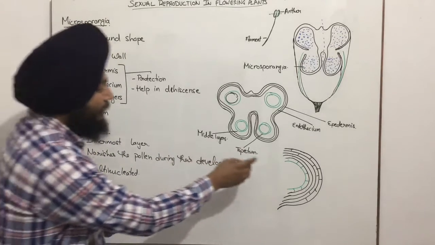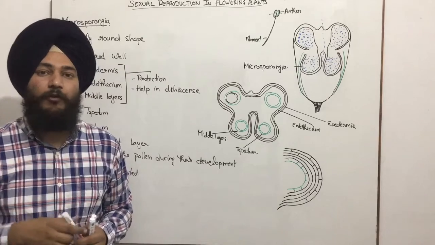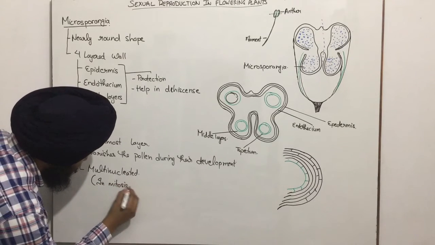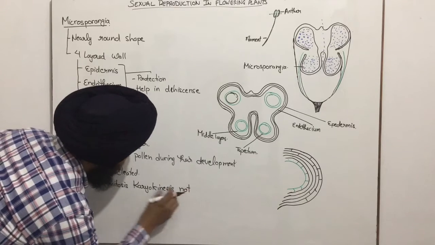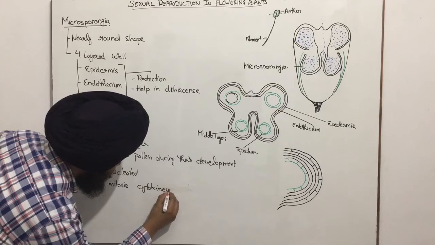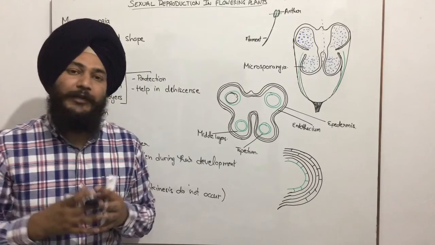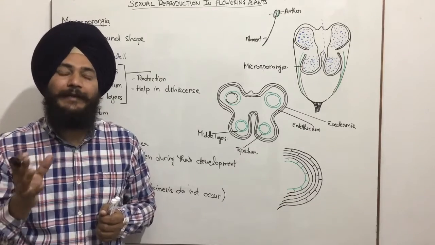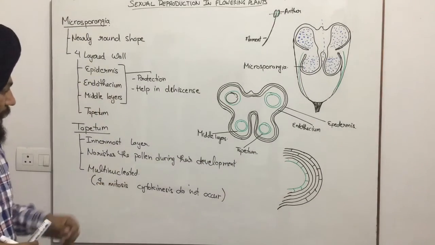But in the case of the tapetum, the karyokinesis during the mitosis will not be followed by cytokinesis. Only karyokinesis will occur, only the nuclei will separate, but the cytoplasm of the cells will not separate. So due to that the number of nuclei in the cells will increase, but the number of cells will remain the same. So that is why the cells of the tapetum are multinucleated after the mitosis.